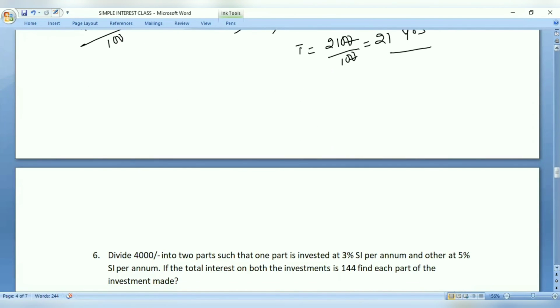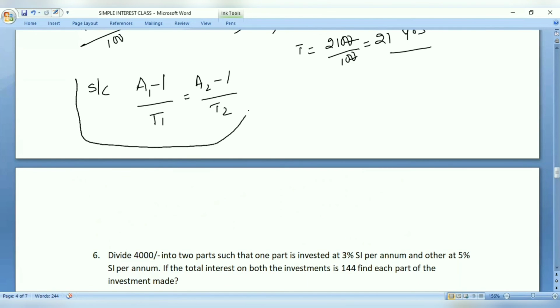So what is that shortcut we are going to see now? The shortcut formula says, amount 1 minus 1 divided by time period 1 is equal to amount 2 minus 1 divided by time period 2. So this is the shortcut.